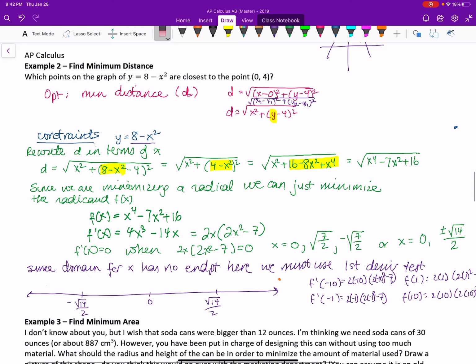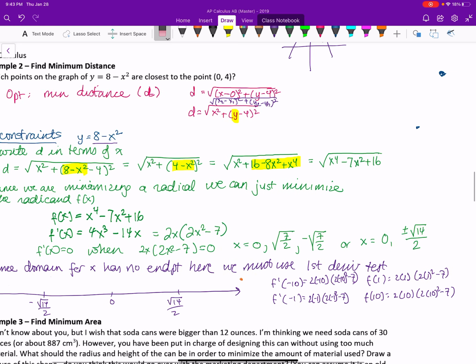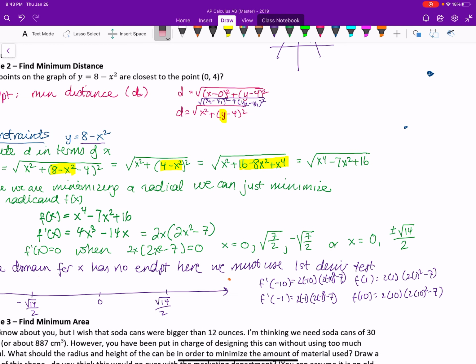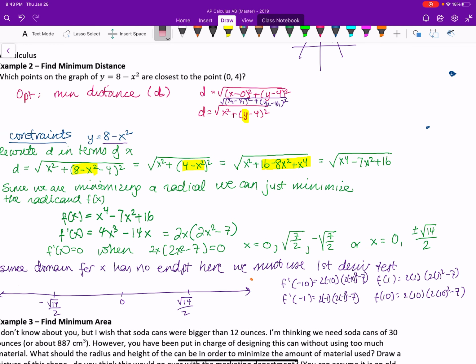The critical numbers are at negative square root of 14 over 2, 0, and square root of 14 over 2, and see where we get positive and negative. So I'm just substituting in values in those intervals. I picked, by the way, a value that was really low so that I know I'm definitely to the left of negative square root of 14 over 2. And then some value in between there.